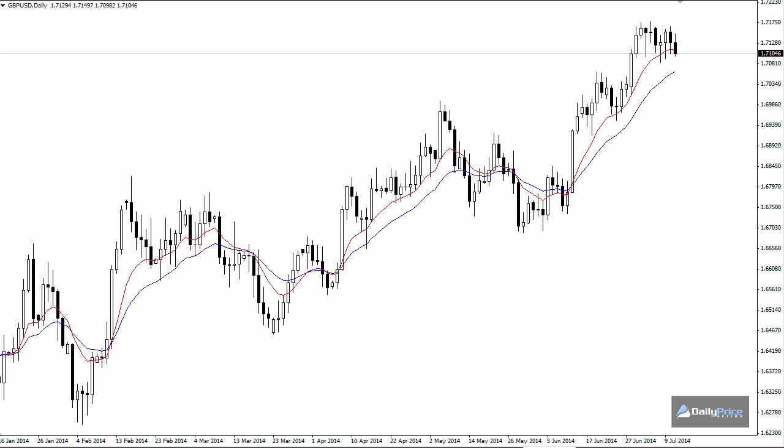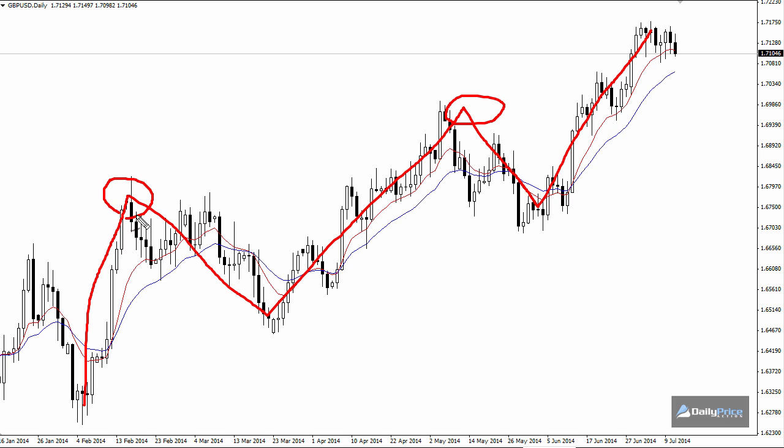If we're looking at the pound USD here, we can clearly see that the market has been in an uptrend for some time. Markets like this make it pretty easy to define levels because we have these nice swing highs as well as swing lows at which we can look for support and resistance.